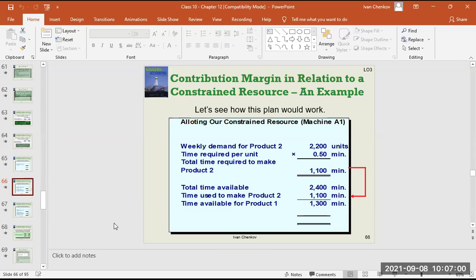So we have additional capacity. The remaining capacity after we produce product 2 will be 1,300 minutes. Those 1,300 minutes, we can put entirely to product 1. And how many units of product 1 can we produce? 1,300 minutes.